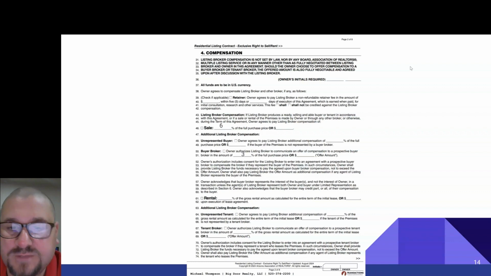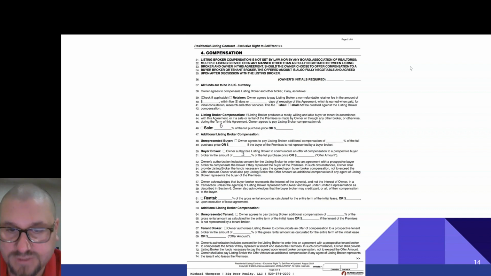In such circumstances, owner shall provide listing broker the funds necessary to pay the agreed upon tenant broker compensation, not to exceed the other amount. Owner shall also pay the listing broker the offer amount as additional compensation if any agent of listing broker represents the tenant who leases the premises.